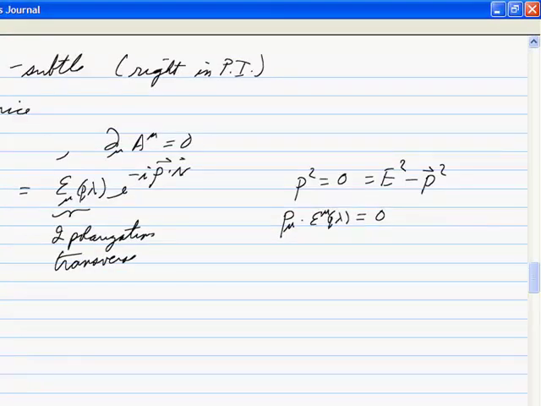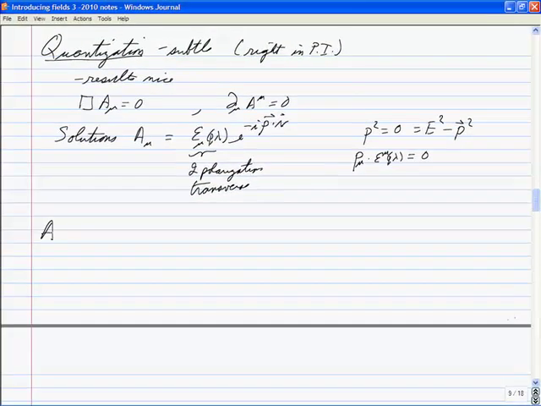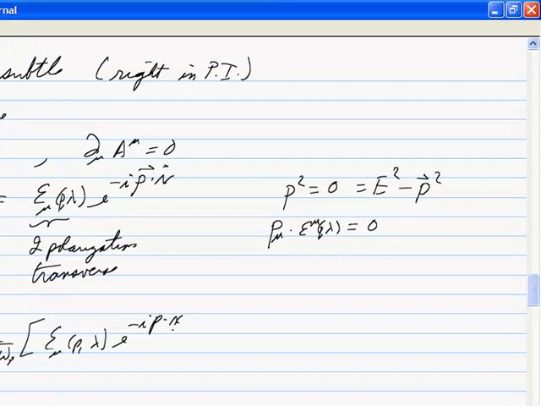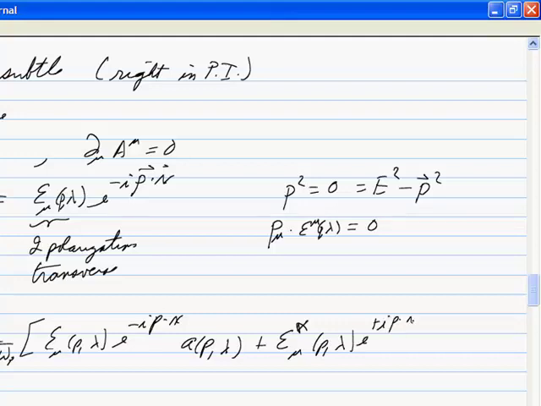Okay? So how would we do the quantum field? Well, you do the quantum field A mu of x and t is the integral d3p over 2 pi cubed, 1 over the square root of 2 omega p, epsilon mu of p and lambda, e to the minus i p dot x, a of p and lambda, plus the complex conjugate, a dagger.